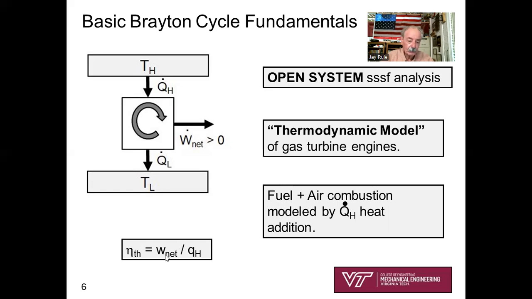Also remember that we can determine the performance of our gas turbine engine, our Brayton cycle, from the thermal efficiency, and it's little w net divided by qH, the energy sought over the energy that costs. Remember, little w is W dot divided by m dot, and little q is Q dot divided by m dot.